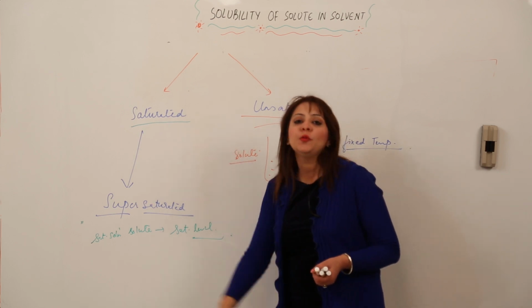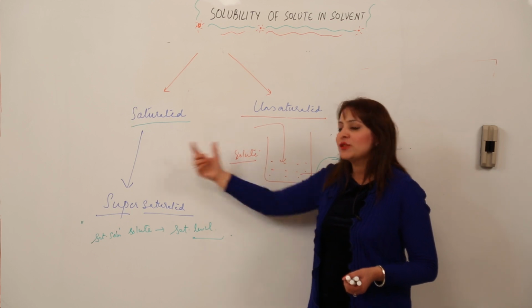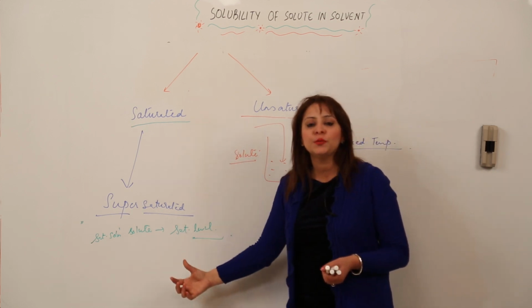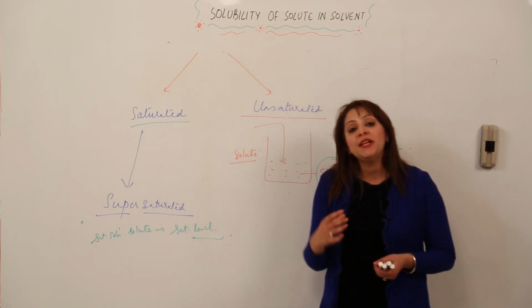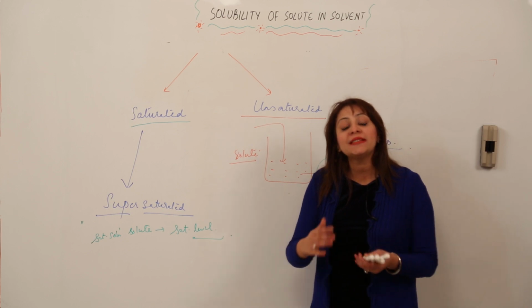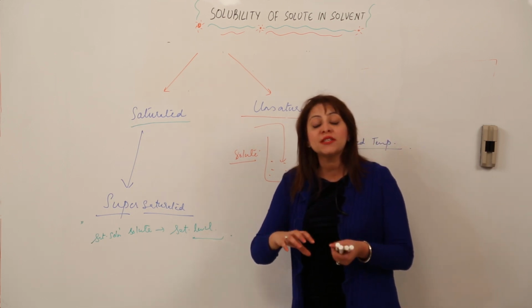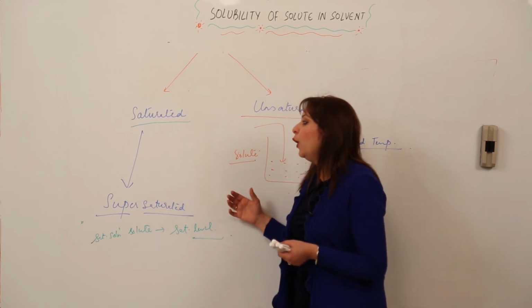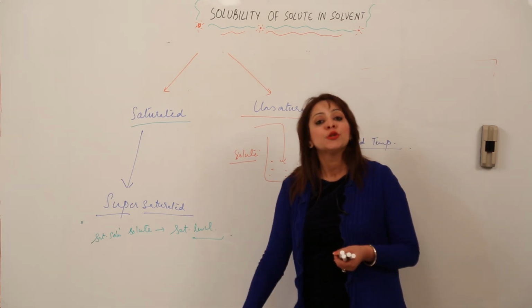So it becomes a supersaturated solution. Anytime we can convert unsaturated into saturated by heating it, and similarly we can convert saturated into supersaturated by heating it, because when we heat it, the ability of the solvent to dissolve the solute increases, and the solubility of the solute in the solvent increases. So this is how we can convert unsaturated into saturated and saturated into supersaturated.